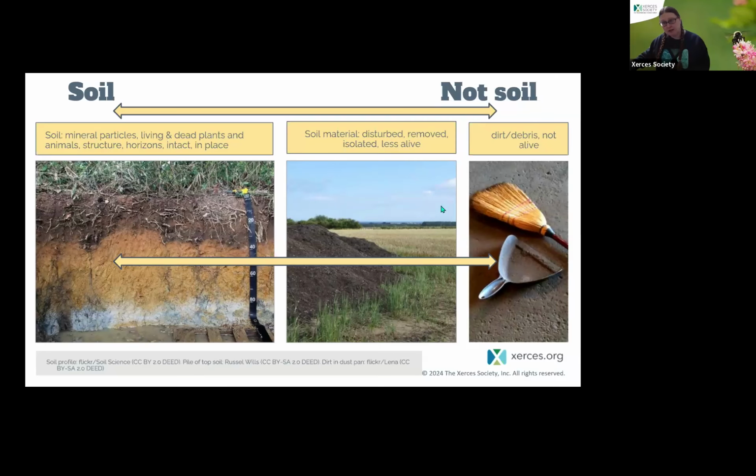But soil material can be disturbed and removed and isolated, as you see here in this center picture, and becomes less alive. Those connections of all those animals, the roots, their interactions is disrupted, right? That makes sense. And then we have just dirt and debris. That is not soil. So it's on a continuum, right? Soil health is on a continuum here.